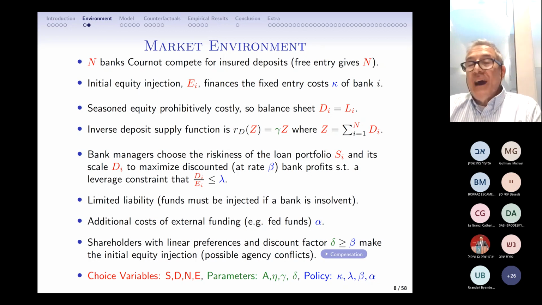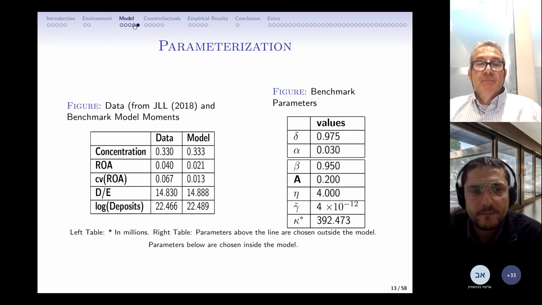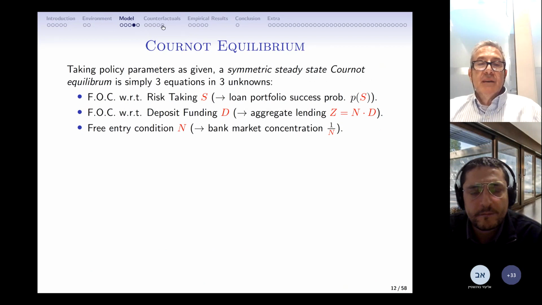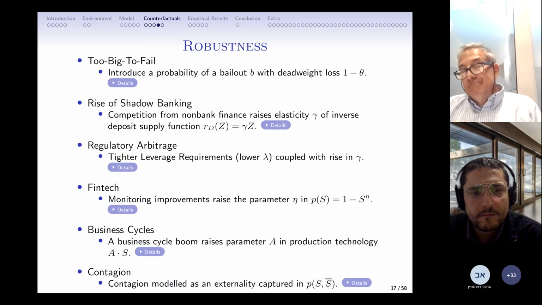So I don't think it's impossible. I'm glad you asked it. Maybe I could do something like that to keep things simple, in the section that I called robustness. I could maybe introduce uninsured borrowing. That would be interesting. I'll think about it.